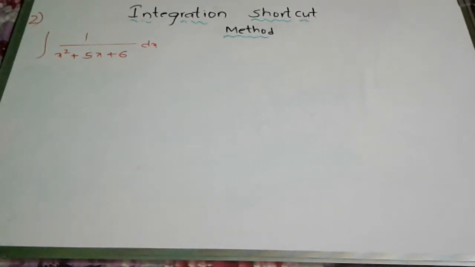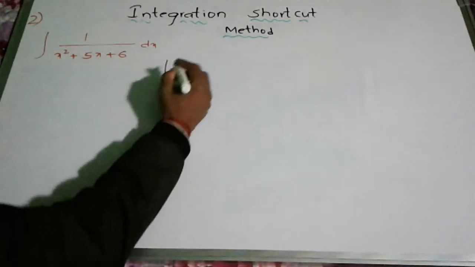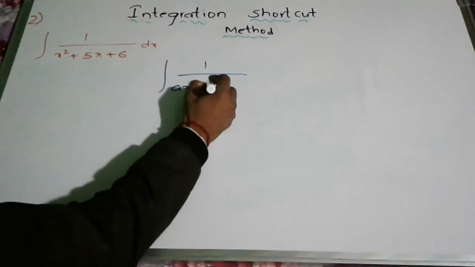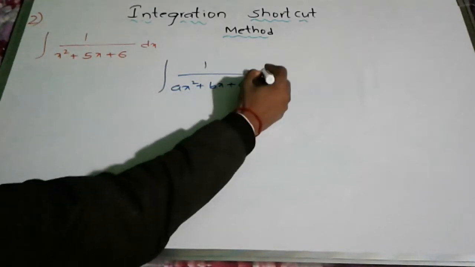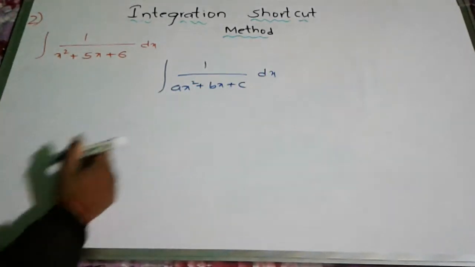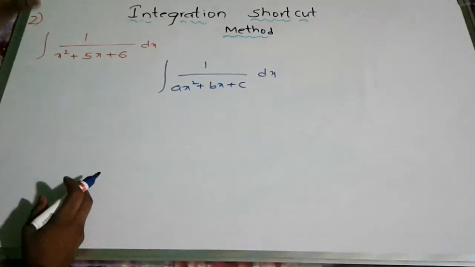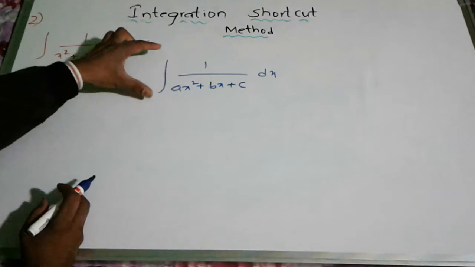Okay guys, this is the question which you have, and this is in the form of 1 upon ax square plus bx plus c dx, right? The question is in the form of this standard form.